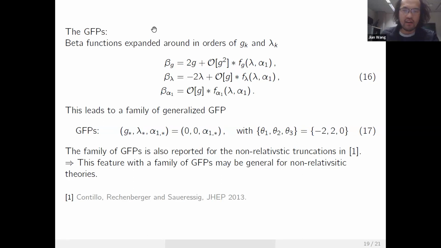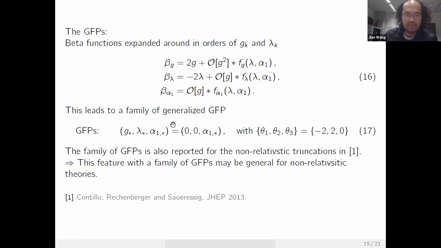Now, let's consider the inference part by analyzing the Gaussian fixed points. Around the Gaussian fixed point, where G_k and lambda_k are 0, we can expand the RG flow, the beta functions, and they can be given in the following form. We can see that if we set G over lambda to be 0, those three beta functions vanish trivially.